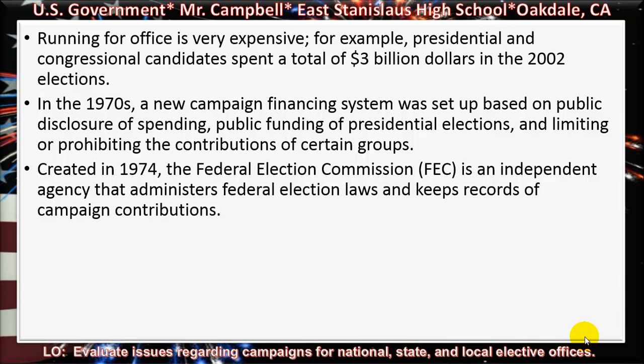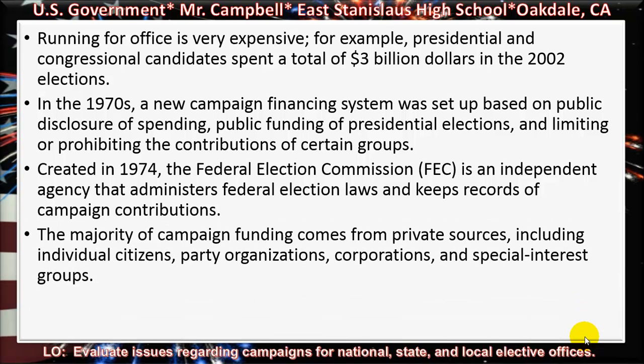Created in 1974, the Federal Elections Commission, or FEC, is an independent agency that administers federal election laws and keeps records of campaign contributions. And of course, the FEC is still around today, still very active today.